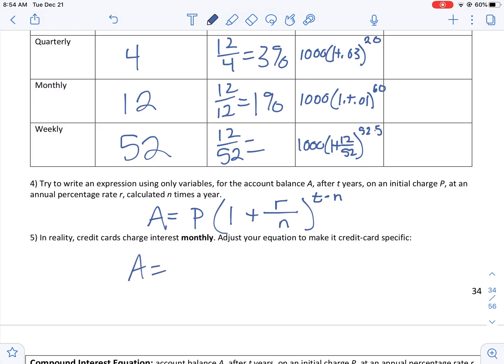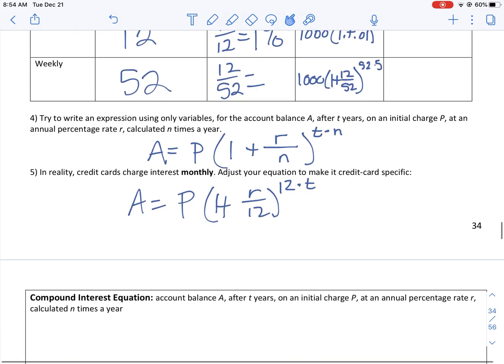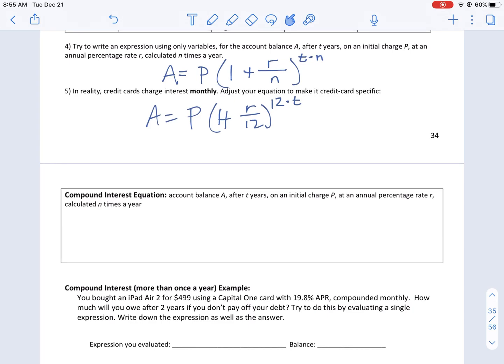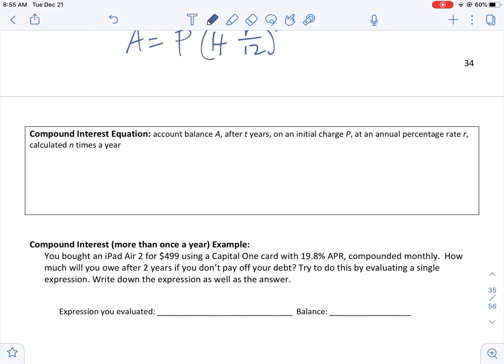So monthly would be our principal, 1 plus r over 12, to the 12 times t. So that is our compound interest equation. Our amount equals our principal, 1 plus our rate over n, to the n times t.